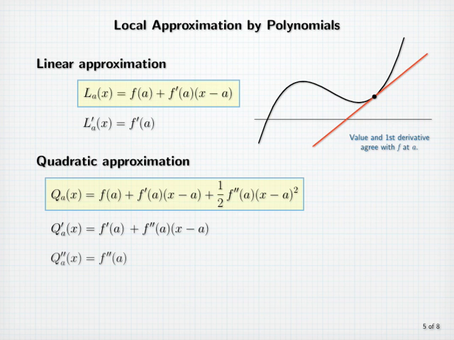The second derivative then is the derivative of f prime of a, which is 0, plus the derivative of f double prime of a times x minus a, which is just the coefficient f double prime of a. So now let's notice that the function Q sub a has the same value as f does at a. The value of its derivative at a is the same as f prime of a, and the value of its second derivative at a is also the same as f double prime of a.